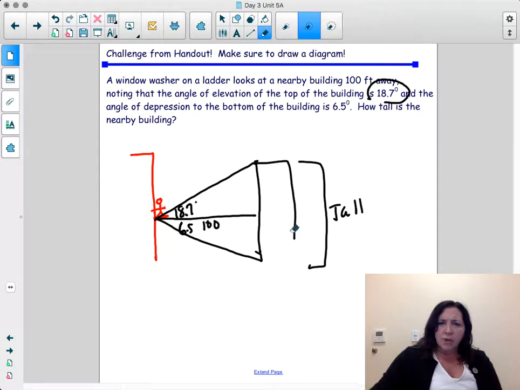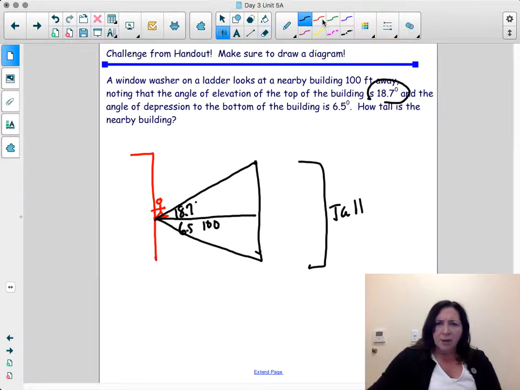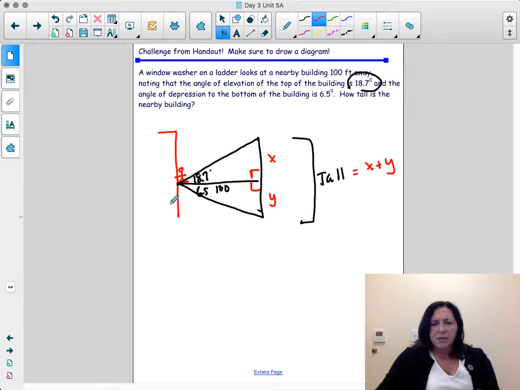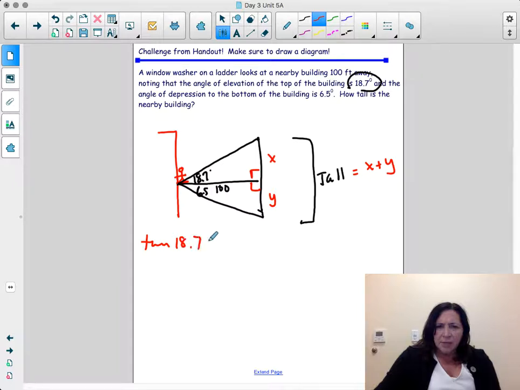So what we're going to have to do is find probably this height and add them up, right? So I know these are both right angles, and so this 100 goes to both. This looks suspiciously like something we did earlier on in this lesson. And we said that tangent of 18.7 is equal to x over 100.